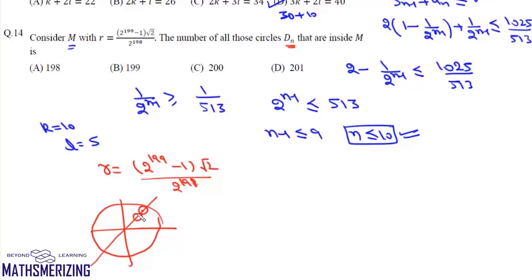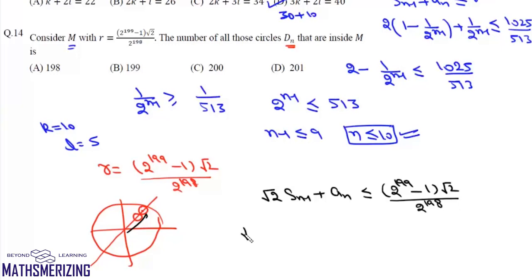So if you have to find the maximum value of n, then this distance, which is root 2 Sn minus 1, plus the radius of the circle, which is an, must be less than or equal to 2 to the power 199 minus 1 into root 2 upon 2 to the power of 198.